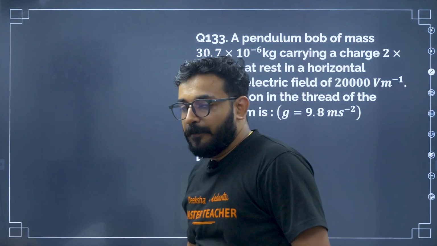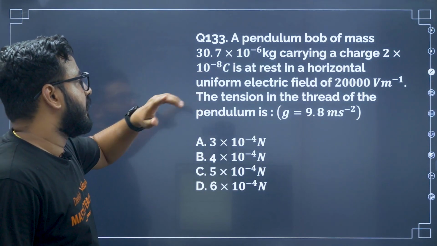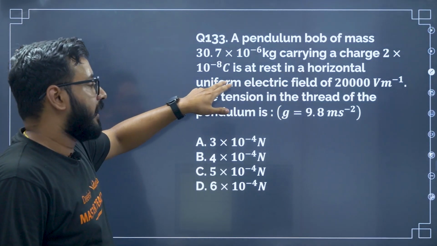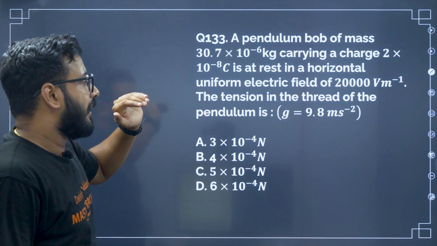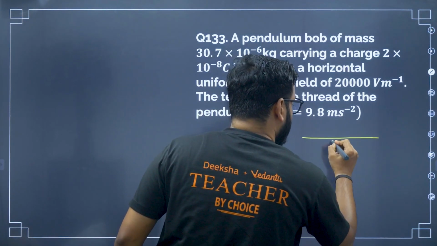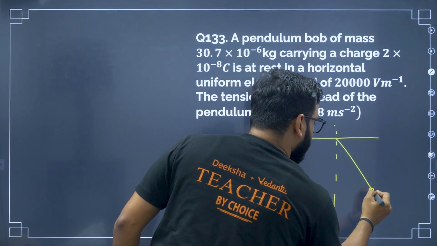Next question. A pendulum bob of mass 30.7 into 10 to the power minus 6 kg carrying a charge 2 into 10 to the power minus 8 coulomb is at rest in a horizontal uniform electric field. So it is hanging. You have a ceiling, this is the vertical, and it is hanging like this.